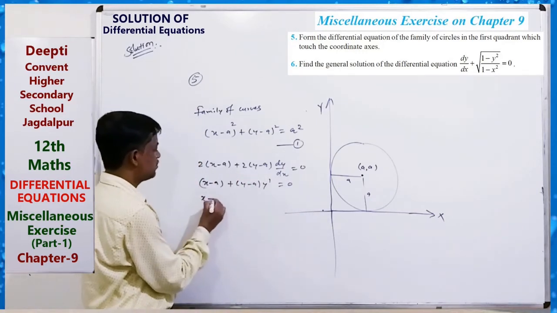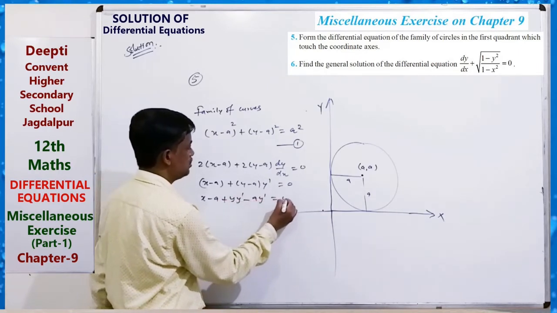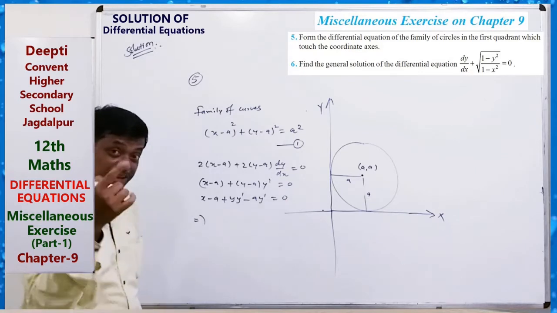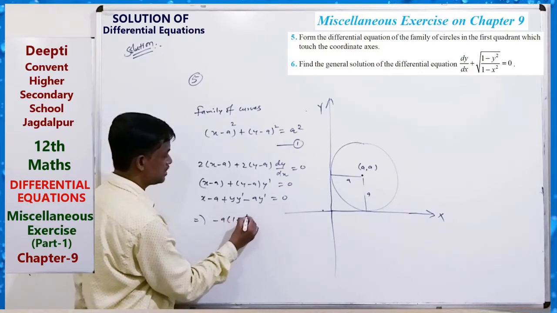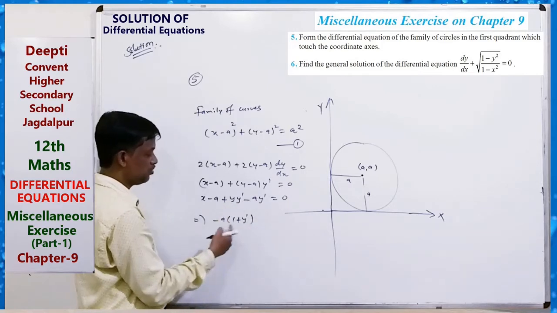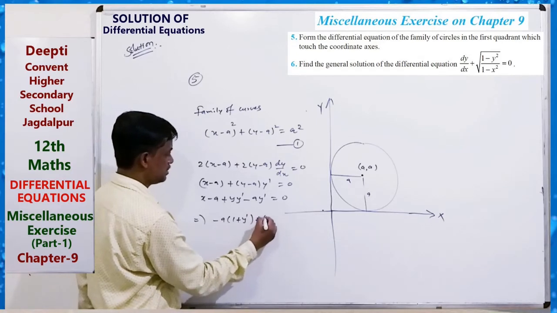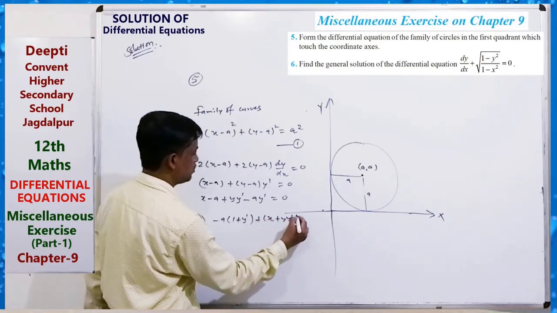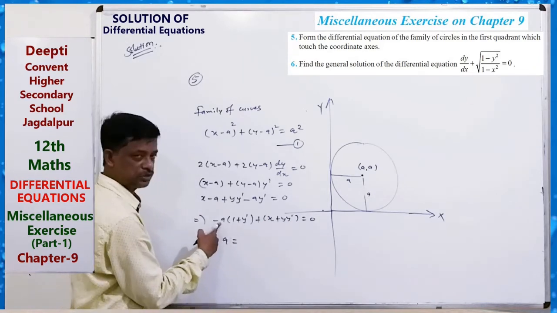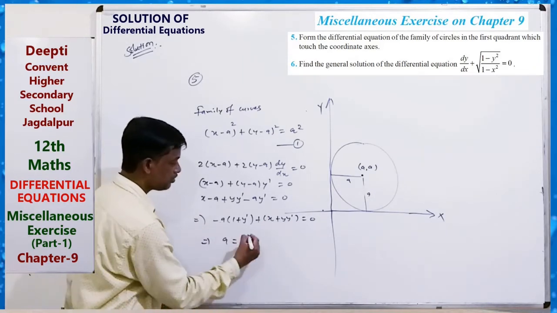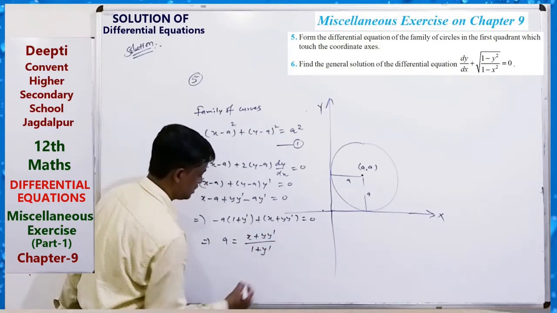Now x minus a plus x y dash minus a y dash equals 0. Taking minus a common, minus a(1 plus y dash) plus x plus y dash... so we can get a equals (x plus y dash) upon (1 plus y dash).